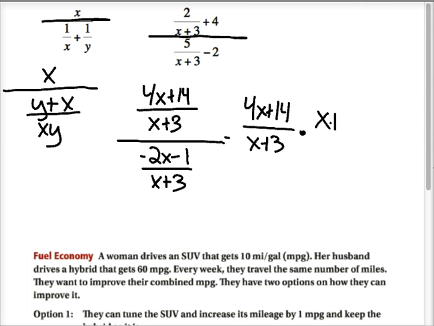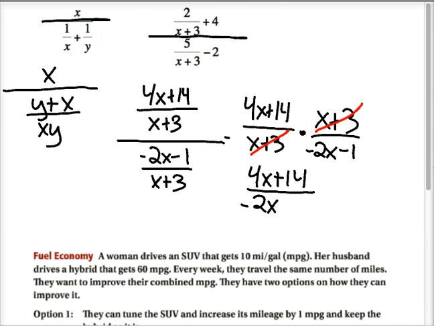Multiply by the reciprocal. Now notice x plus 3, x plus 3. So the neat thing is for this one, that actually cancels off. So all I have left is the 4x plus 14 over negative 2x minus 1.